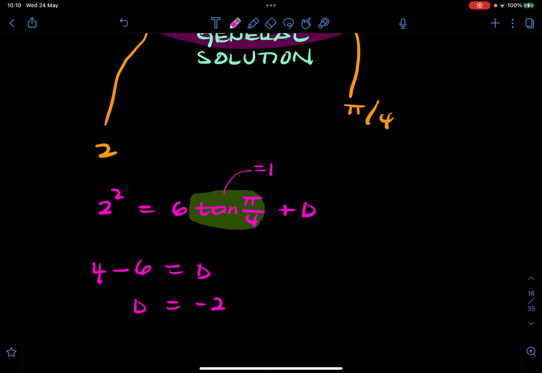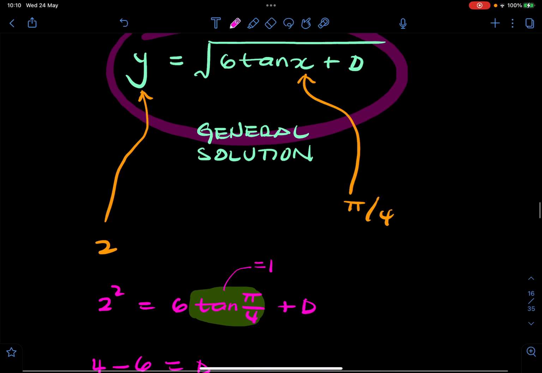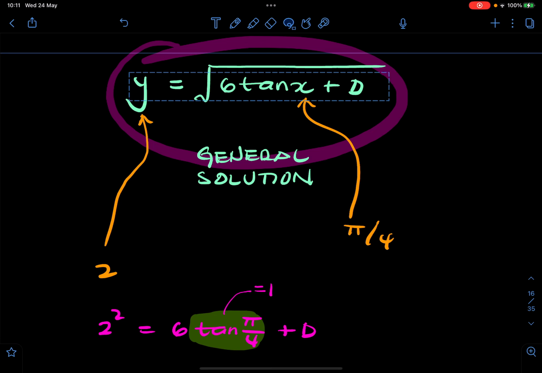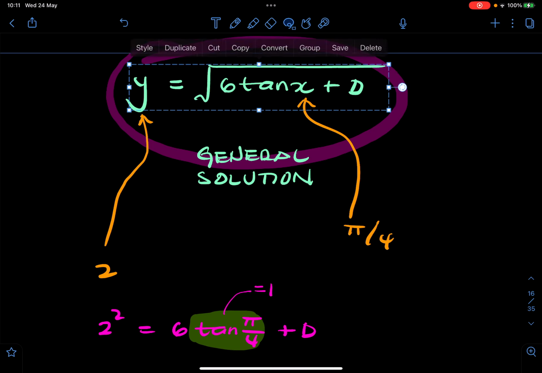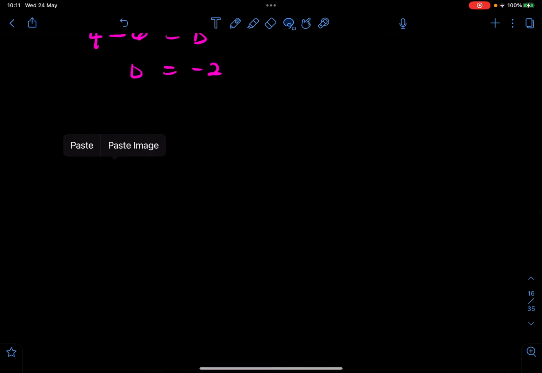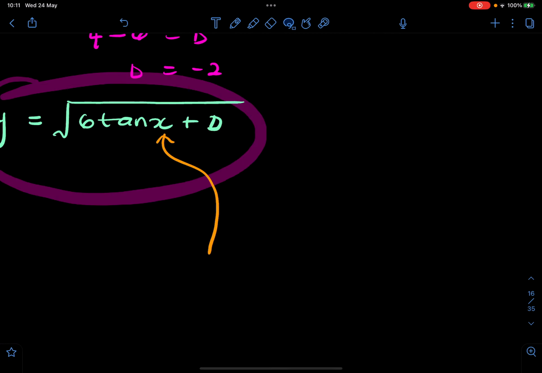So now we know the value of the constant, we can rewrite our general solution, and this time we're going to call it the particular solution. You don't have to call it the particular solution. You can just say that's the solution. But later on, you'll find it helpful to make this distinction.